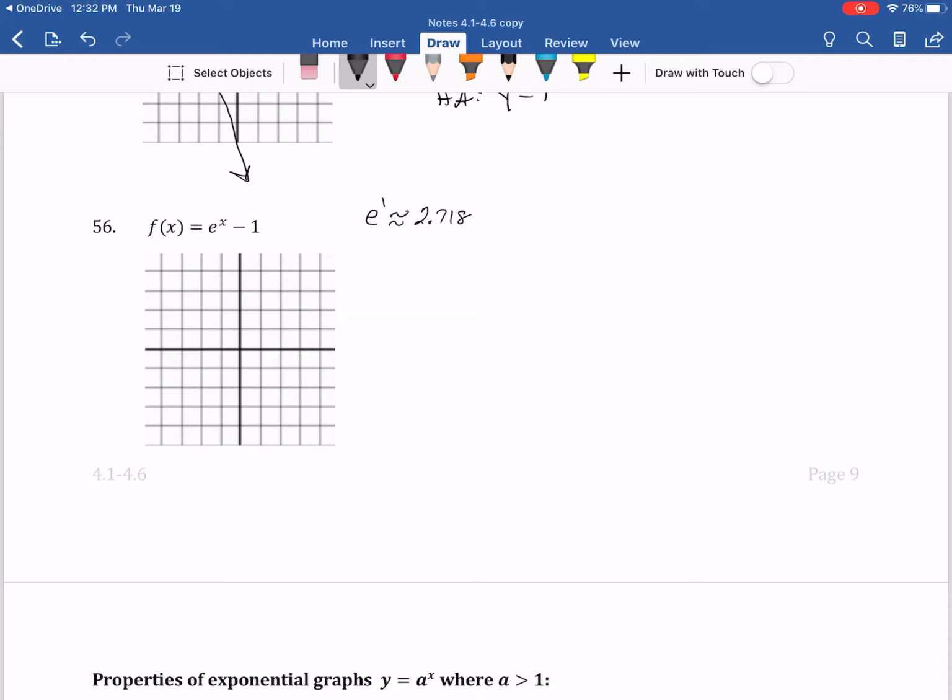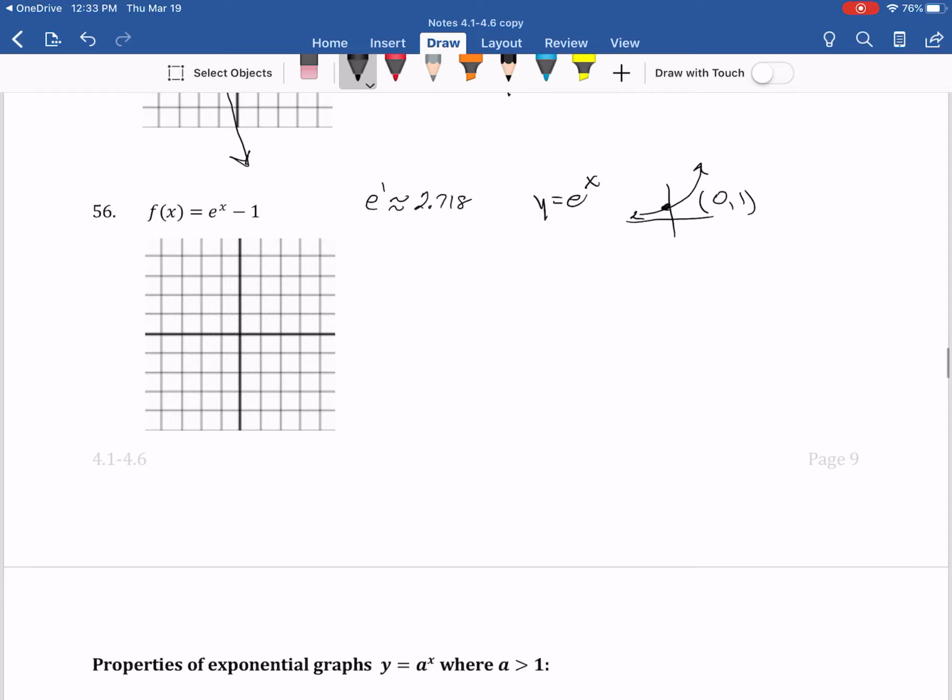We are going to consider what the general graph, y equals e to the x, might look like, and then build our transformed graph for 56 off of that. So the basic graph of y equals e to the x looks just like you might have expected. The base is bigger than 1, so it needs to be increasing. It contains this key point (0, 1), just like all basic exponential graphs contain.